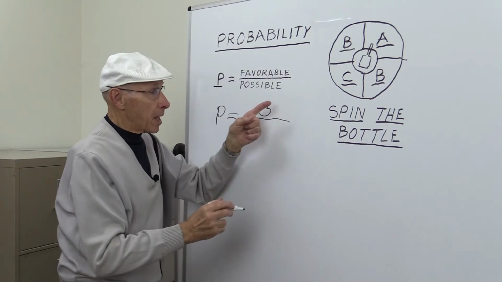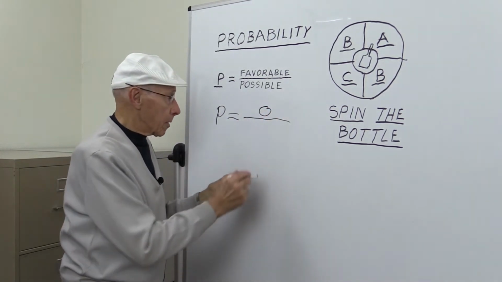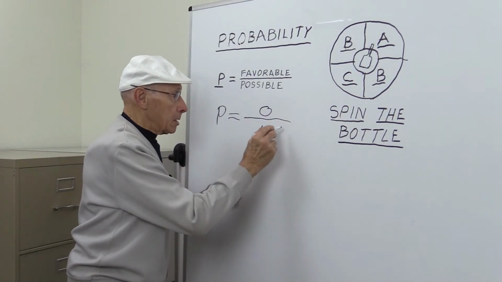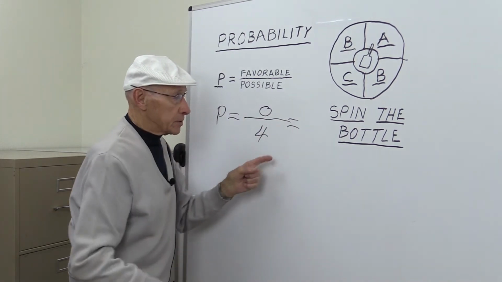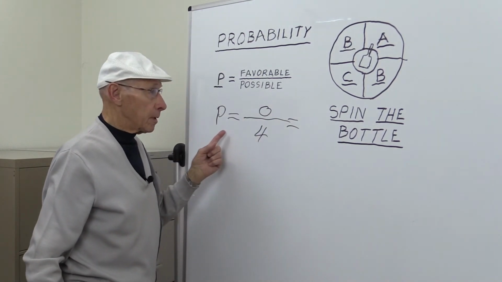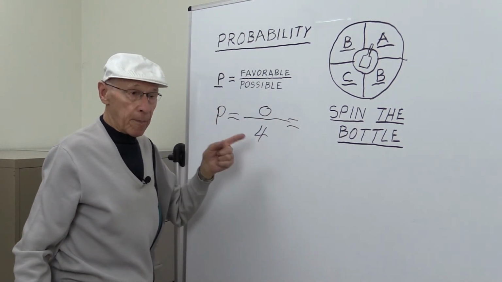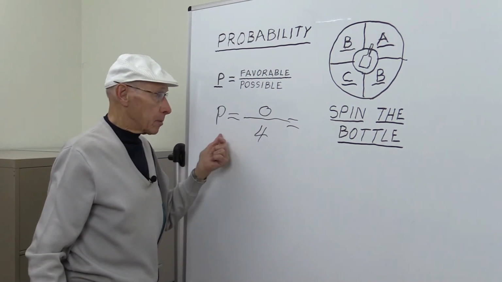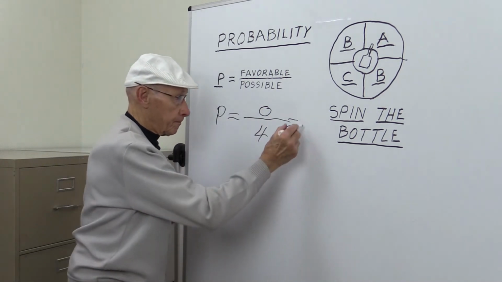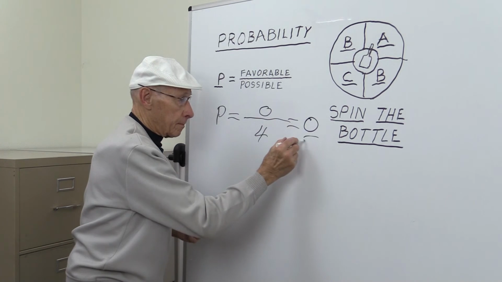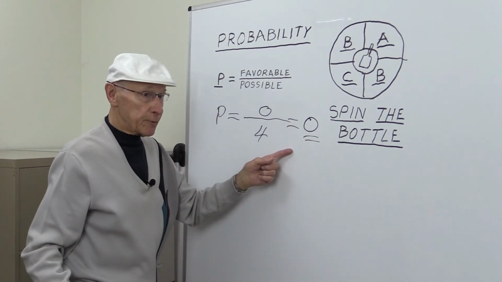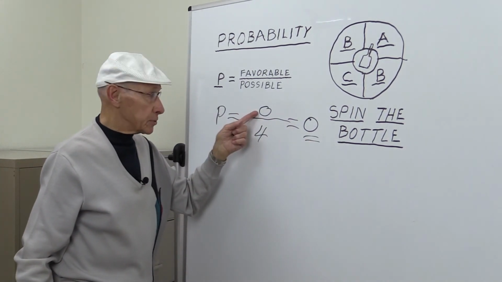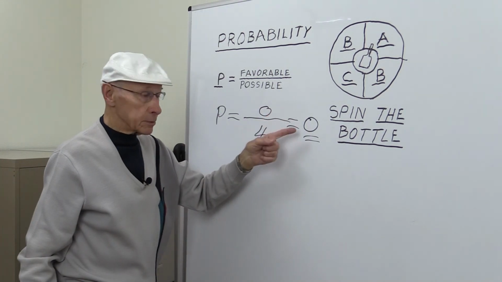And then the number of possibles are still 4. So what's the probability of the bottle stopping on D? The probability is 0. It's not necessarily a trick question, but you should know that 0 in the numerator will still be 0.